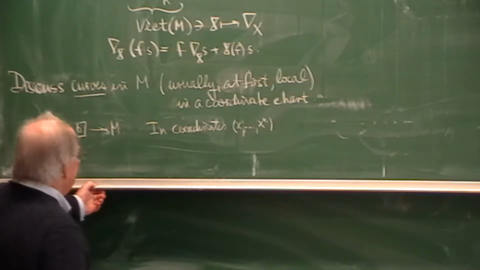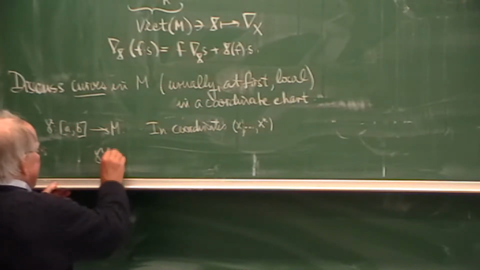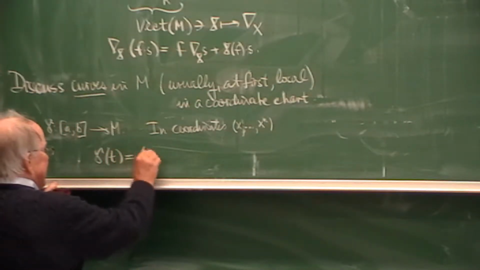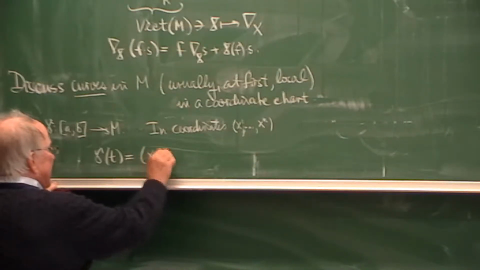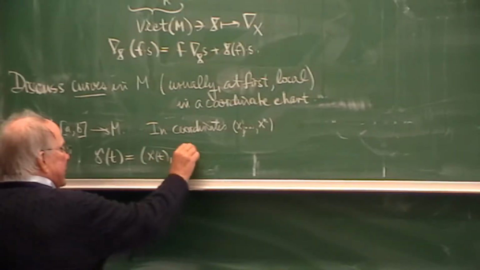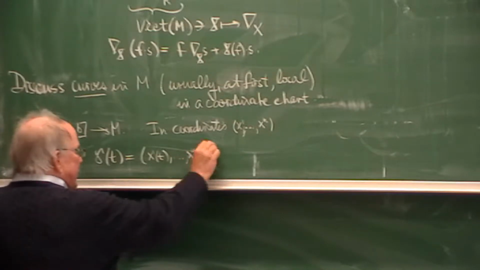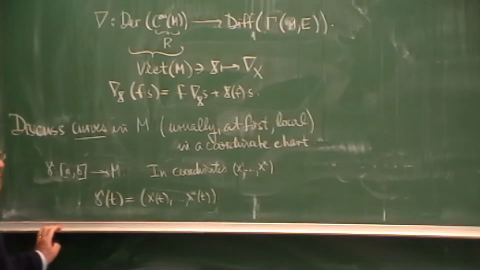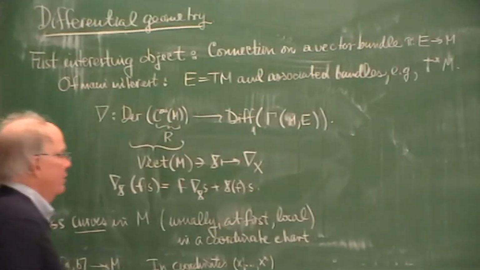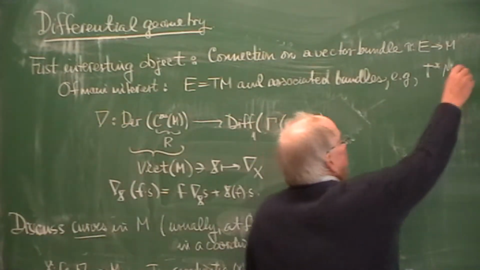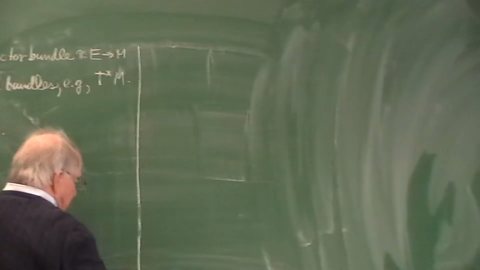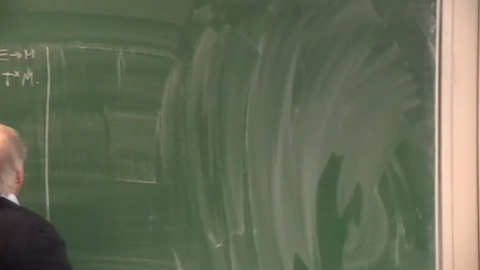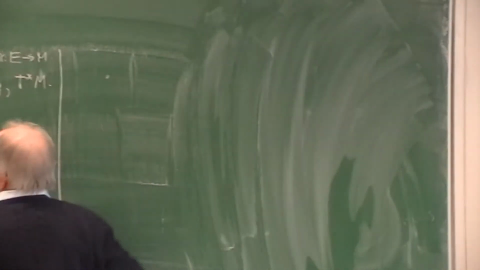Okay, so in coordinates, gamma of t is x1 of t through xn of t. The manifold is n-dimensional. So in this local situation, we're in a coordinate chart and we have a smooth curve.